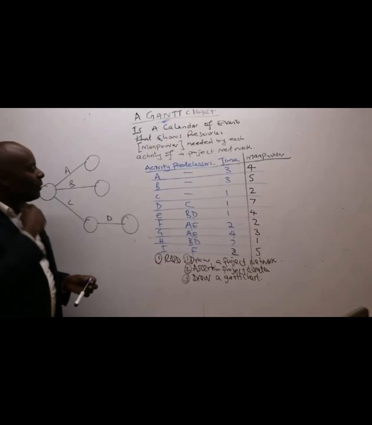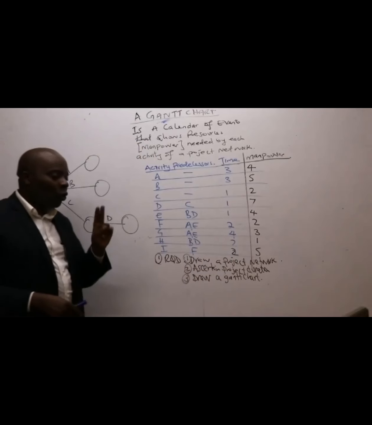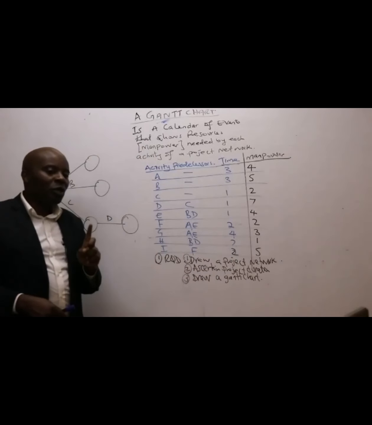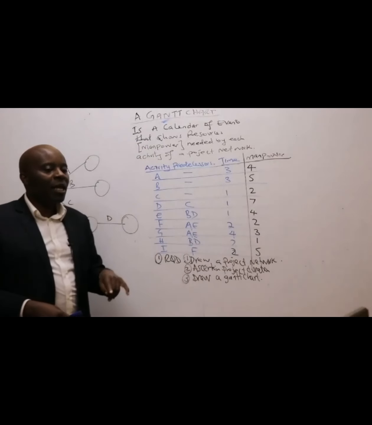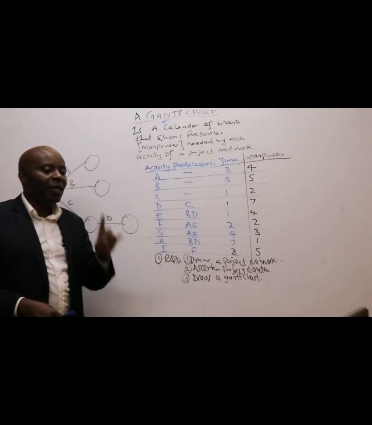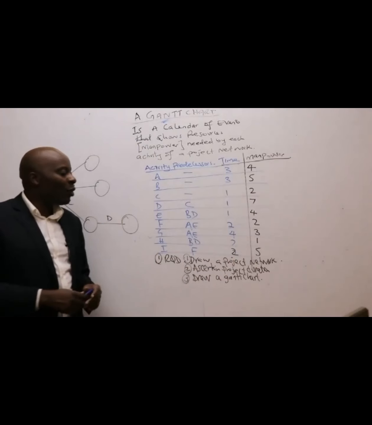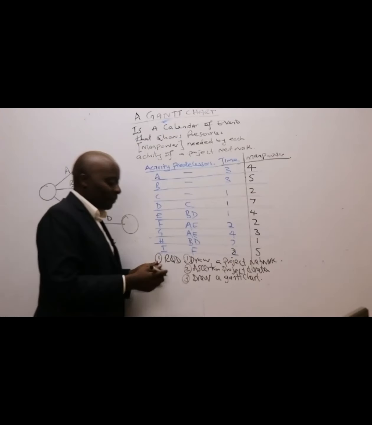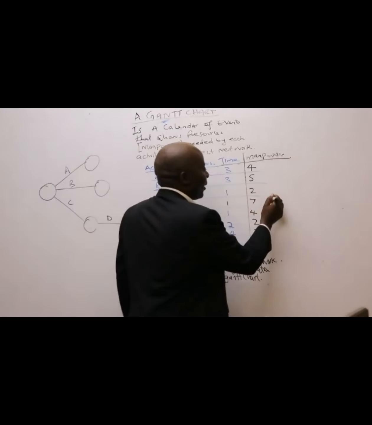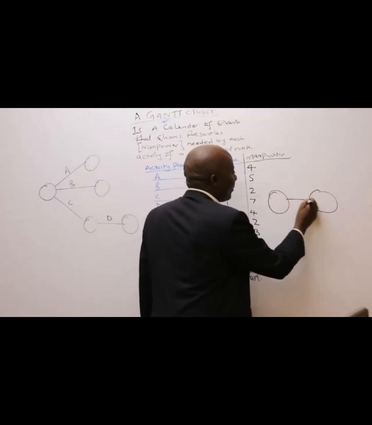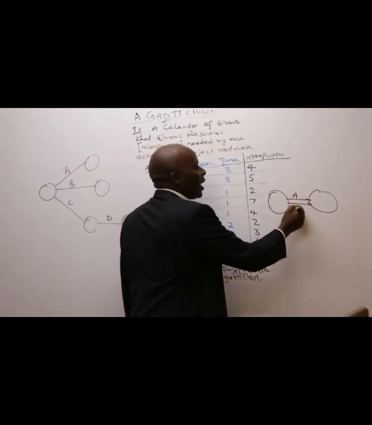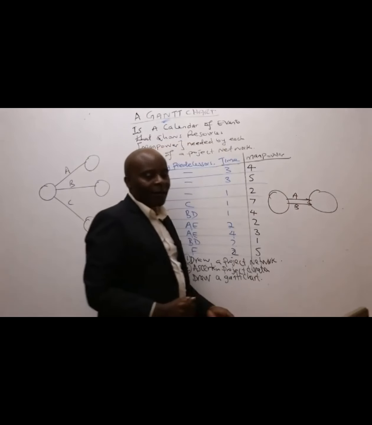Ladies and gentlemen, remember we introduced dummies for two reasons. And one of those reasons that I would want you to understand from the word go, we bring in the issue of a dummy, ladies and gentlemen, whenever you want to avoid parallelism. Like these two activities, A and B, will be said to be parallel.